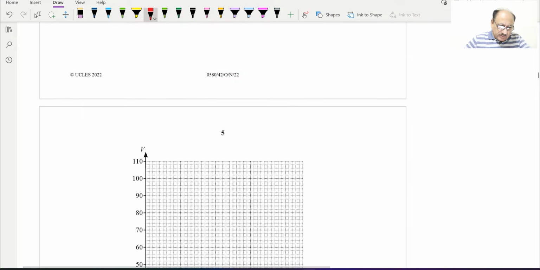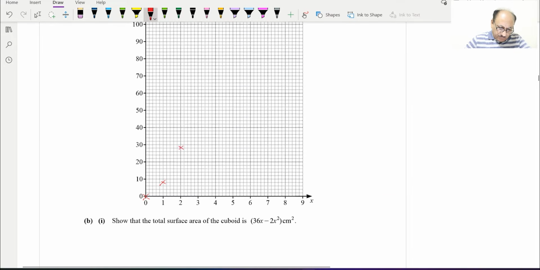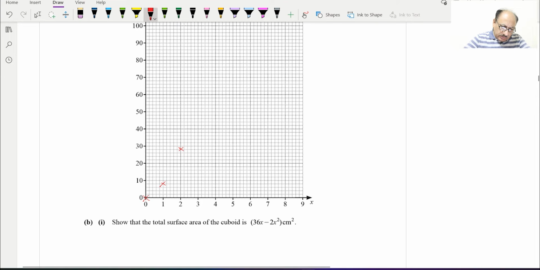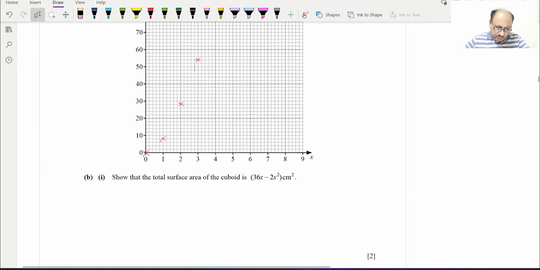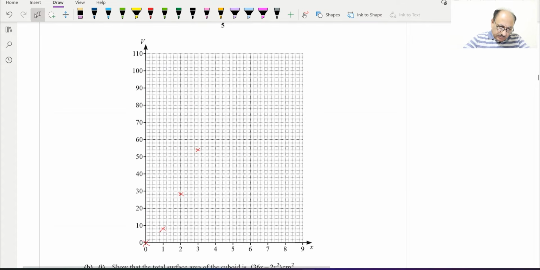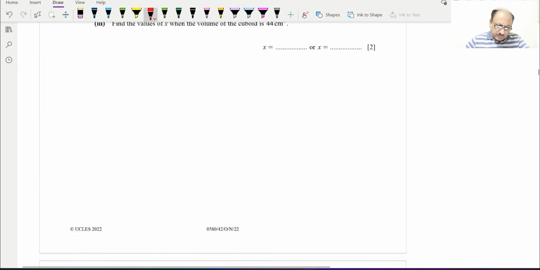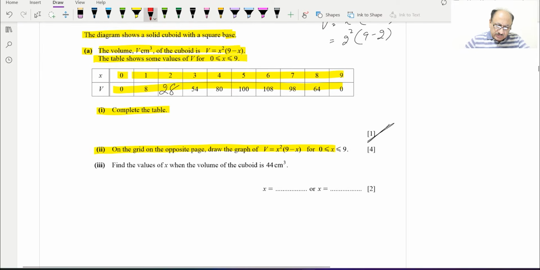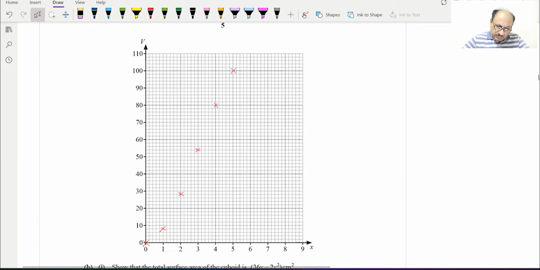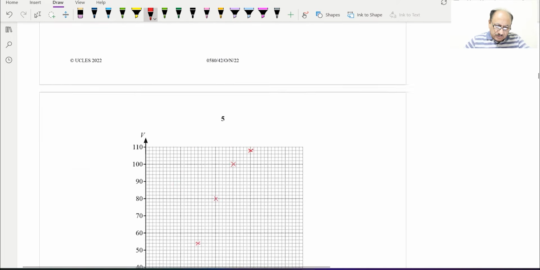We are marking the points. Then the next point is 3 and 54. Then 4 and 80 will be this mark. Next point is 5 and 100, so 5 and 100 will be this mark. Then 6 and 108 will be this mark.